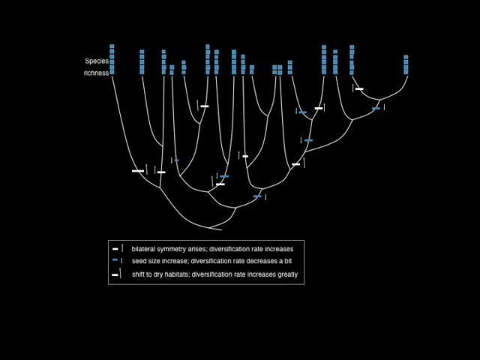So where bilateral symmetry in the flowers arises, the propensity to diversify increases a little bit. Where seed size increases, diversification decreases a little bit. The arrow goes down a little bit. Where there's a shift to dry habitats as opposed to really wet ones, diversification increases a little bit.